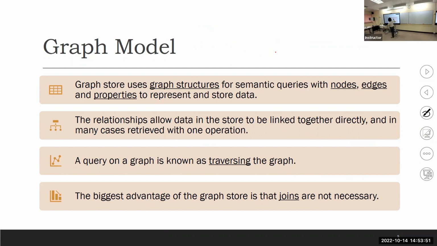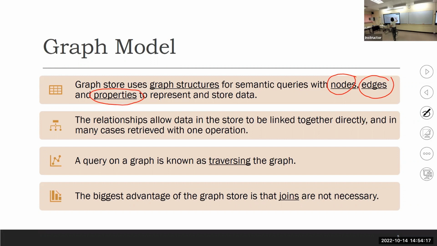And apart from just nodes and links or edges, there could also be properties, details to represent, to store data related to the node, related to the link.